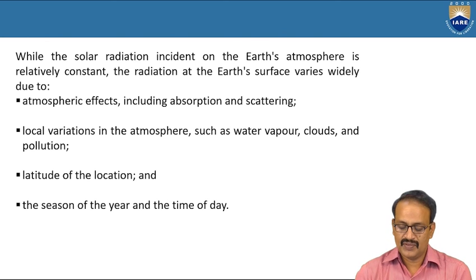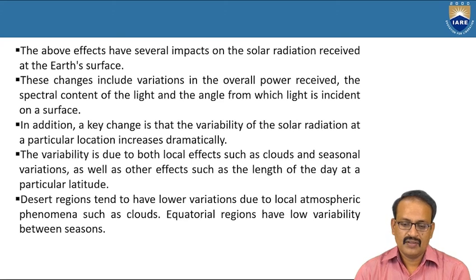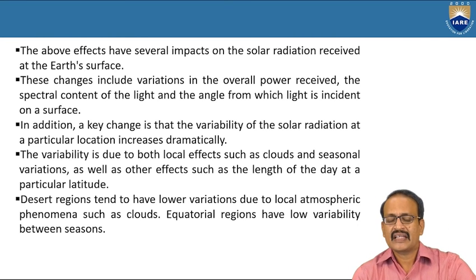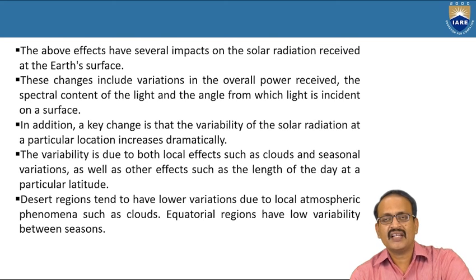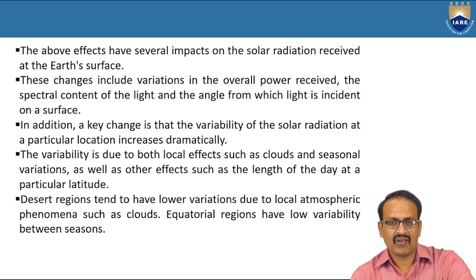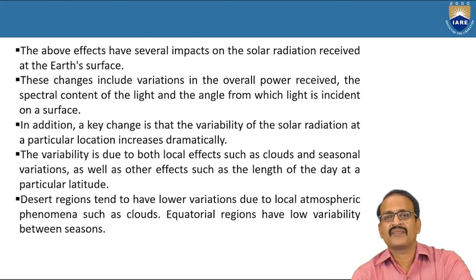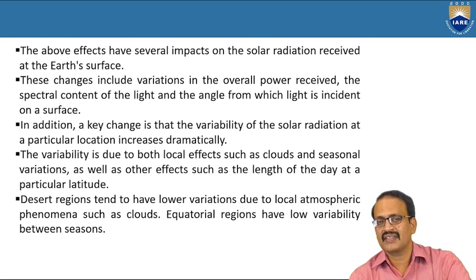And along with these things, the terrestrial surface also makes a difference. If the direct radiation is falling on the rocky hill, on the rocks, on the desert, on the tree, on the sea, this also makes a difference.